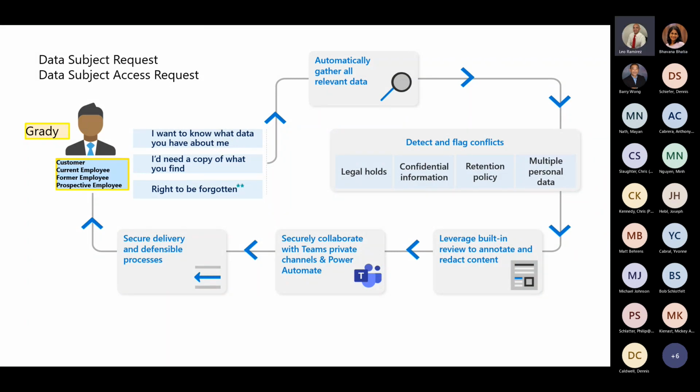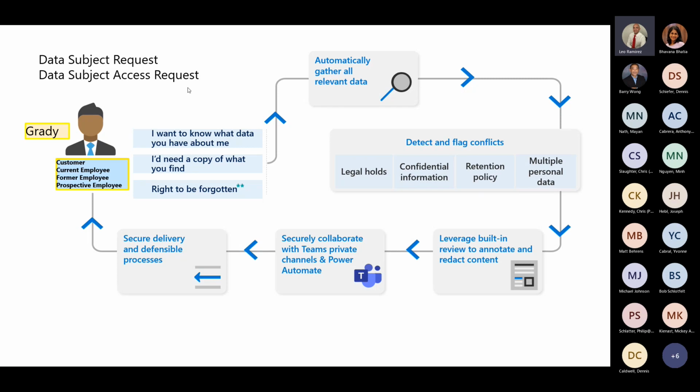So as Bibi mentioned, and as we're seeing more and more, privacy regulations are giving individuals the right to make requests to either get a report about information that an organization might have on them, or to actually obtain that data that's being collected. These requests are sometimes called data subject requests or data subject access requests.